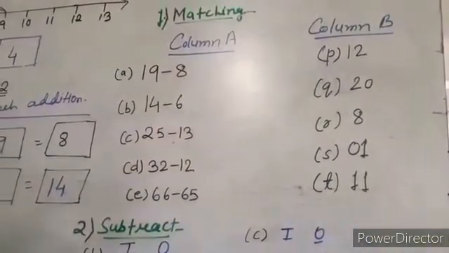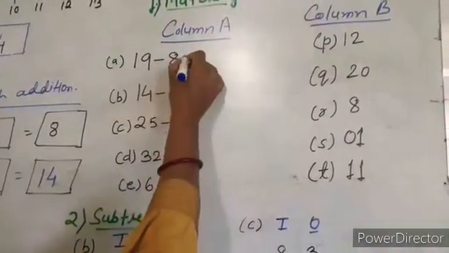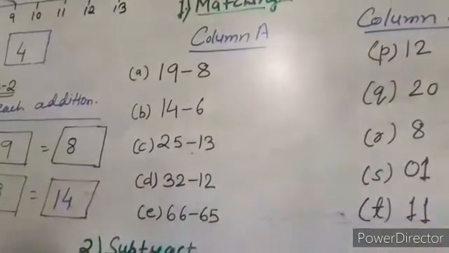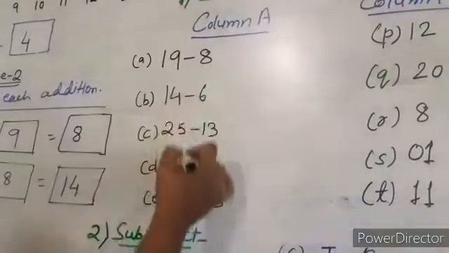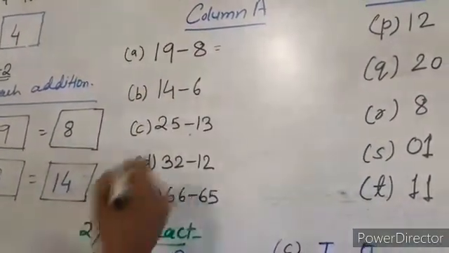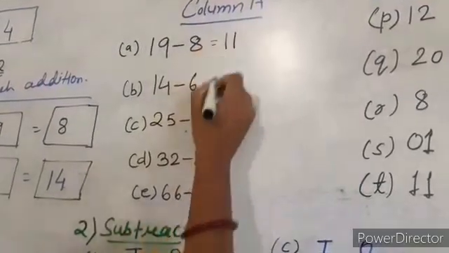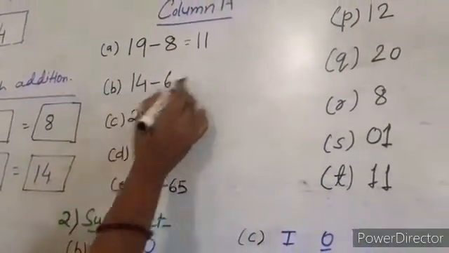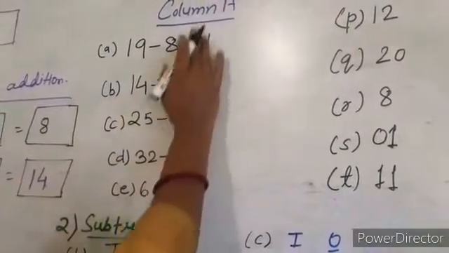How will you do it? See, first we just do the subtraction. 19 minus 8, what will the answer be? Write 11. Then 14 minus 6, the answer will be 8.